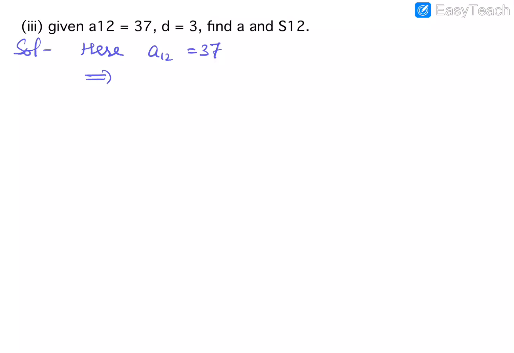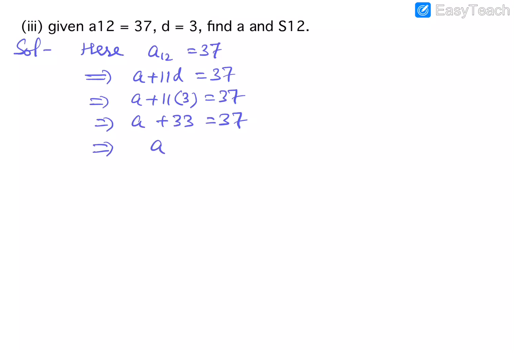This implies that a plus 11d is 37, and d is 3. So this gives the value of a as 37 minus 33, that is 4. Thus the first term of the AP, whose 12th term is 37 and common difference is 3, is 4.